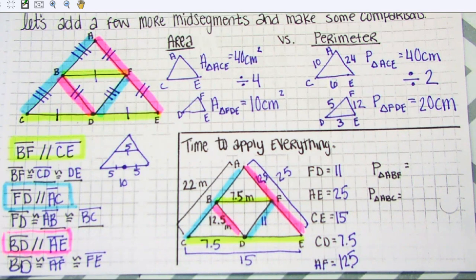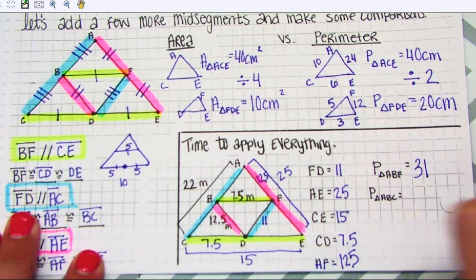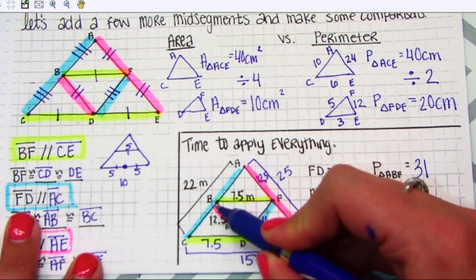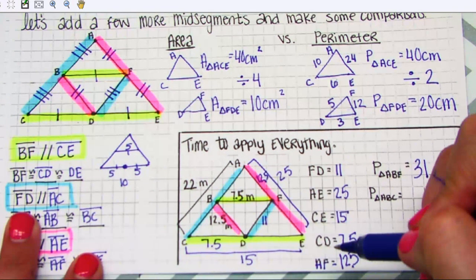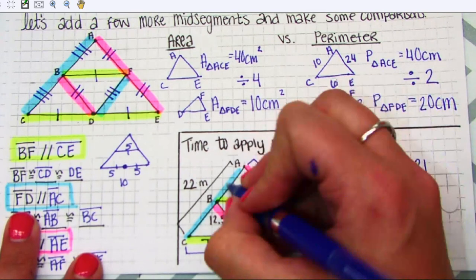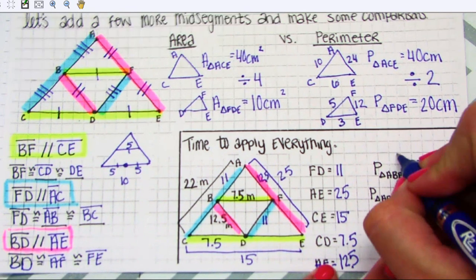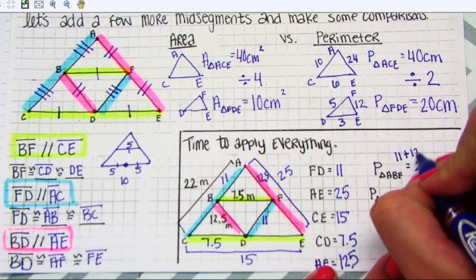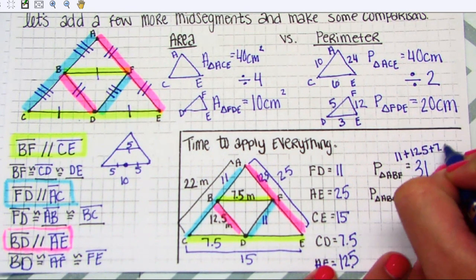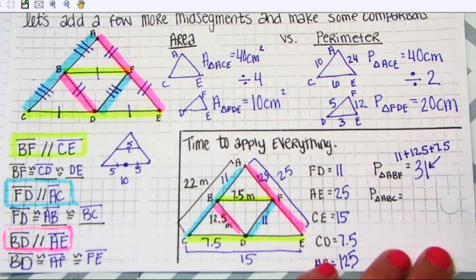What'd you get? 31 is right. So, what'd you find for AB? 11. 22 divided by 2 is 11, which means if I want the perimeter of that little tiny triangle up top, I add all the little pieces together. I add 11 plus 12.5 plus 7.5, and I get 31.